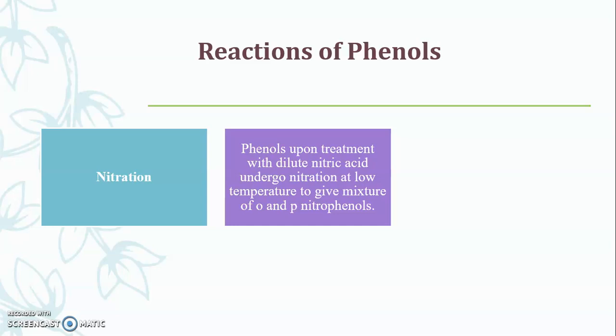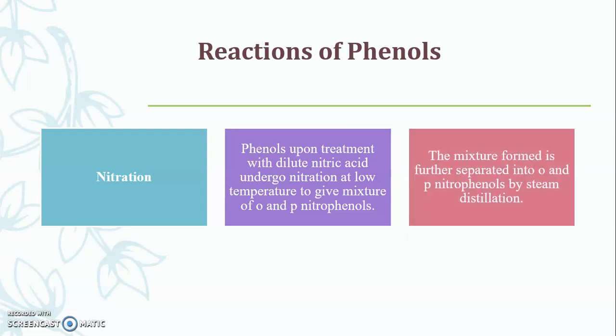Here you can see that in case of benzene, if we remember, we have utilized fuming nitric acid because the reactivity of benzene is less, so we need to use a mixture of nitric acid and H2SO4 to increase the formation of the electrophile. But here phenols are more reactive, due to which it is not necessary to use concentrated acids. Dilute nitric acid is sufficient to perform this reaction.